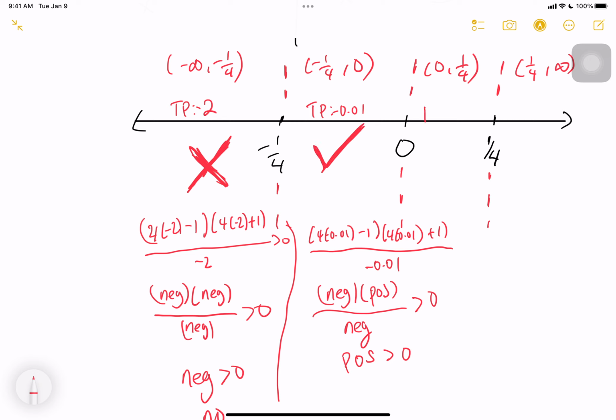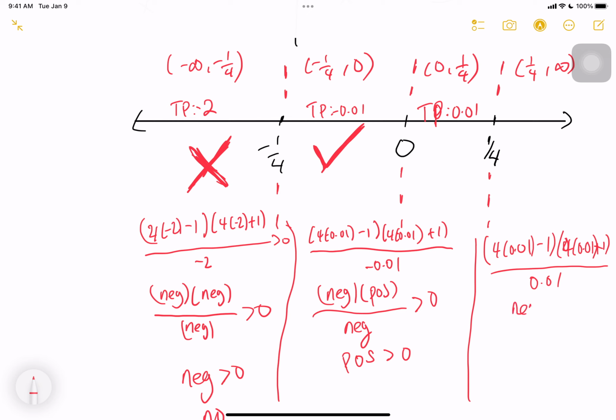On the other side, I'm going to use almost the same test point, 0.01, the positive one. Oh boy, I'm running out of space. So that's going to be 4 times 0.01 minus 1. That's going to be negative still. 4 times 0.01 plus 1. And then 0.01.